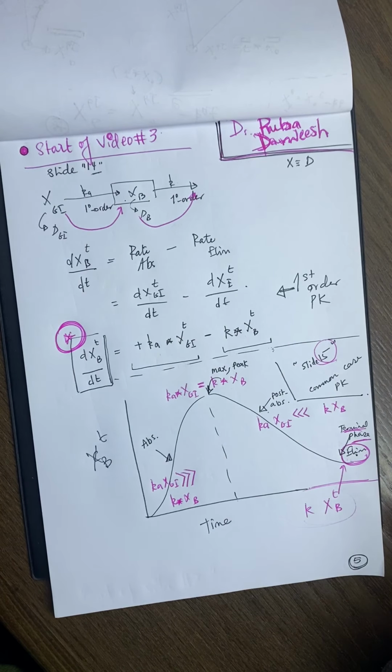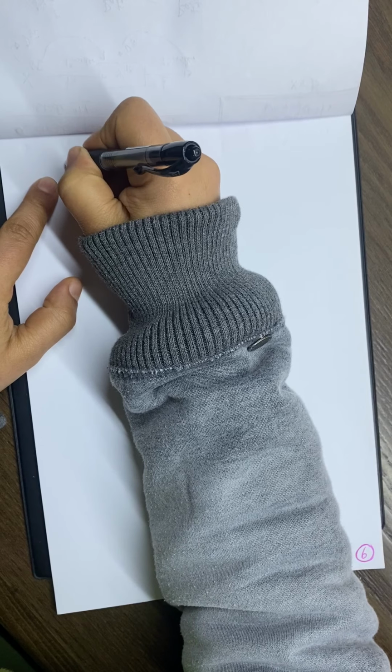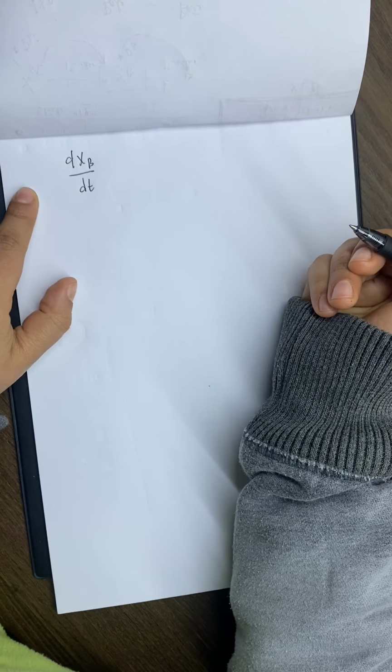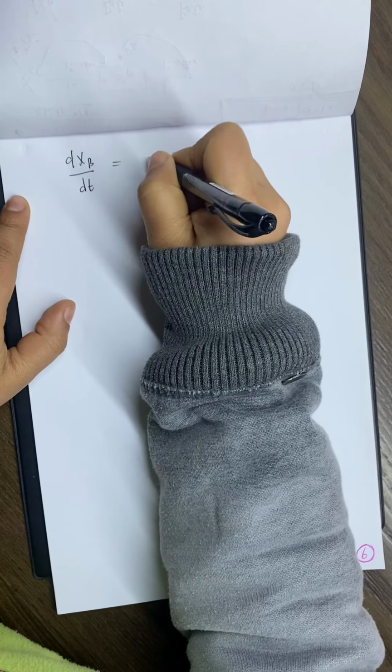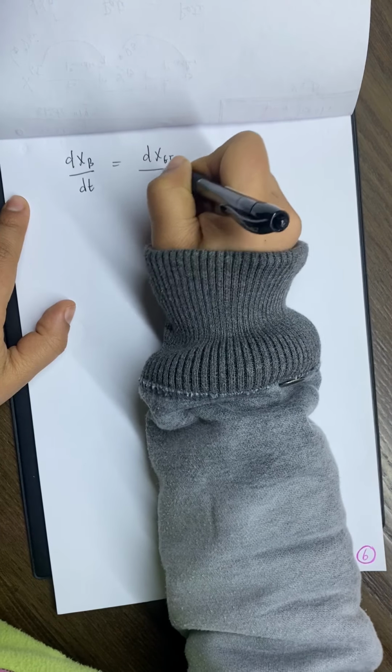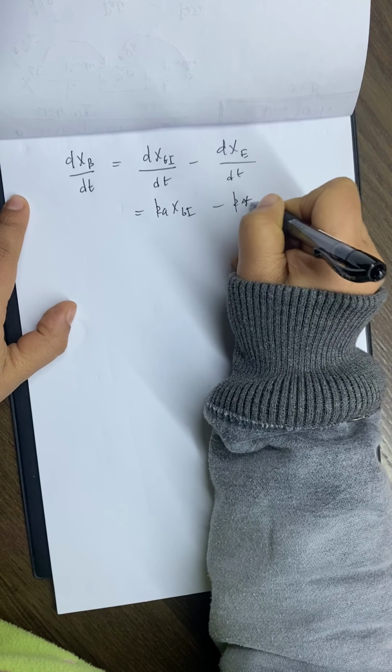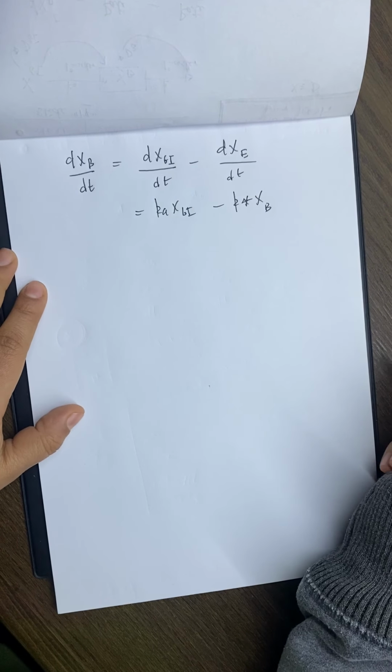So again, if we go back, I will write it again. You will have dXB at certain time over dt equals dXGI over dt minus dXE over dt. We will have KaXGI minus KXB, right?